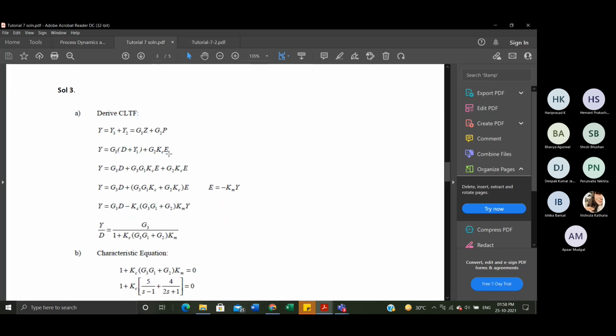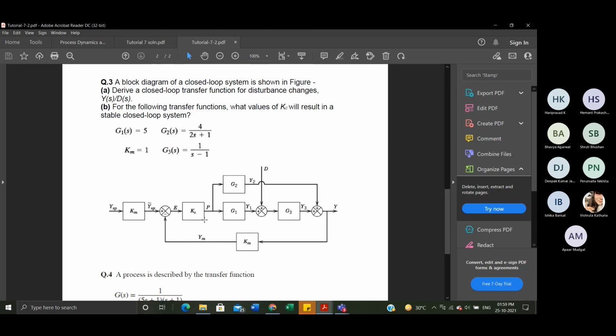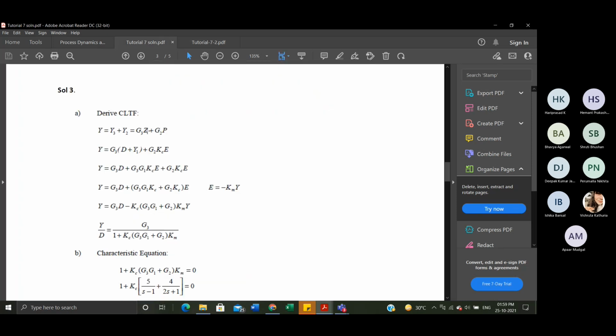g2 into p. Now, to calculate p, we knew that p equals kc into e from here, and then we calculated the value of e from this block diagram and the value of y dash p. Now, simplifying this, we came to this equation.